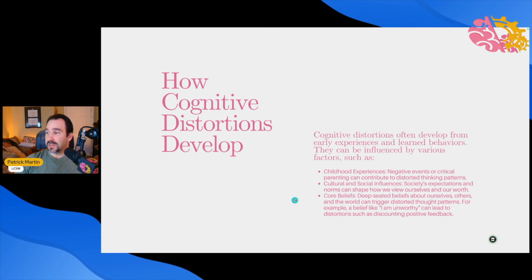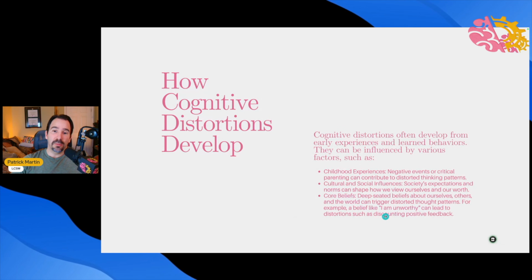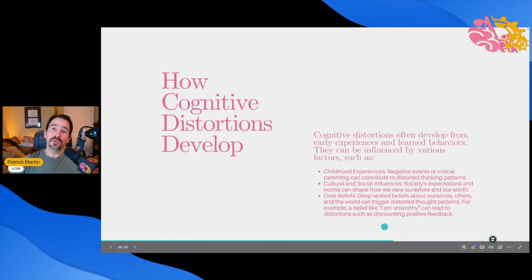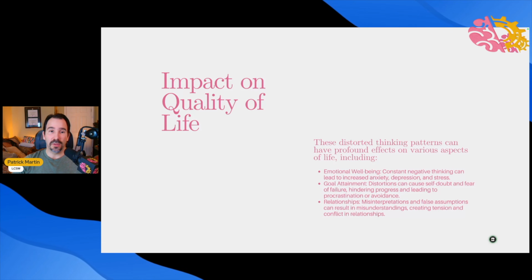Core beliefs are deep-seated beliefs about ourselves, others, and the world, and can trigger distorted thought patterns. For example, a belief like I am unworthy can lead to distortions such as discounting positive feedback, right? And core beliefs can be changed. They just take a lot of time, and they only happen as we start to reframe those automatic thoughts about the self.